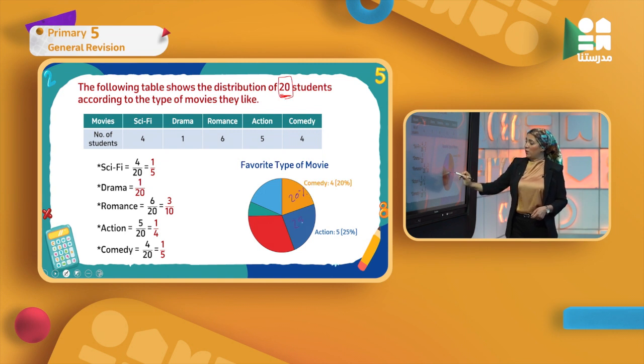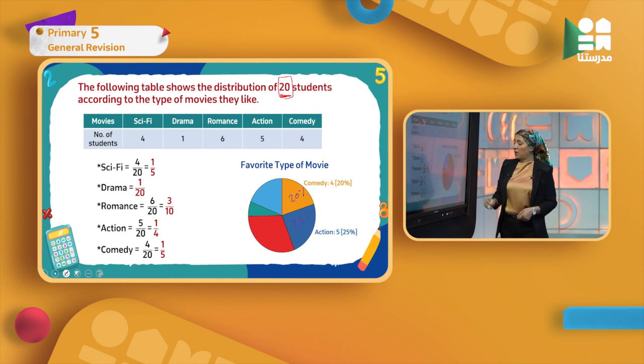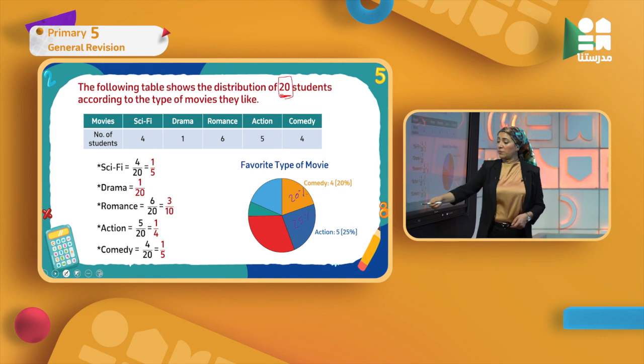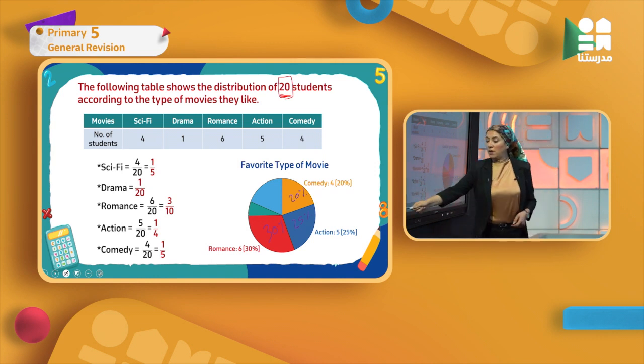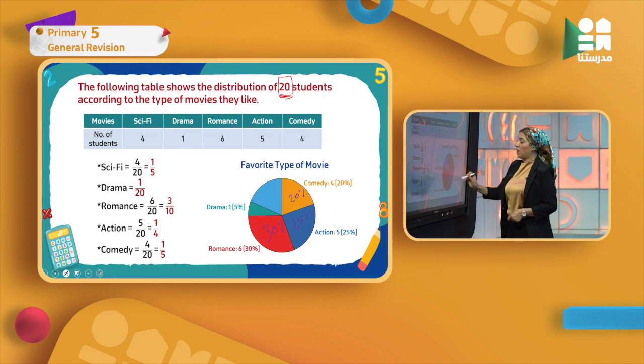So here 25% goes for action, and then romance it's 30%. Then drama 5% because I have only 1 student who likes drama, and sci-fi also 20%.